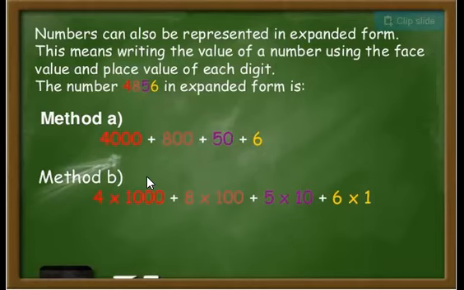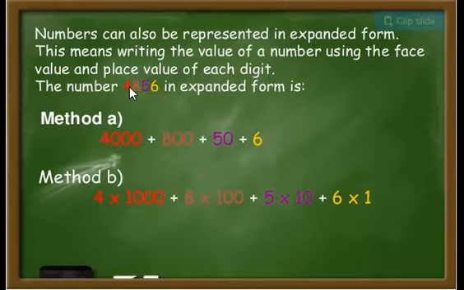The second method, as you can see on your screen: again you count ones, tens, hundreds, thousands. Directly we write 4 here, give one multiplication symbol, then write 1. After 4, however many digits remain, that many zeros we write with that 1.